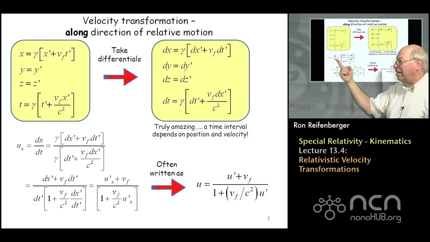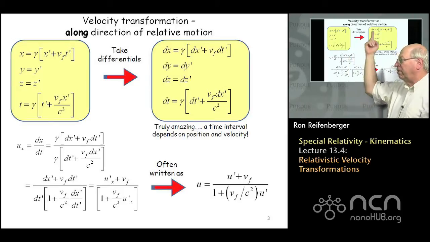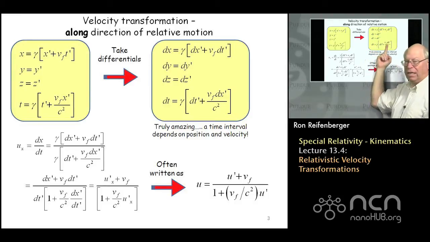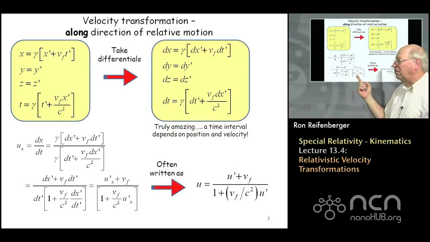We can relate that to the measurements performed by the observer in the primed frame, because we have expressions for dx and dt in terms of the primed coordinates. With a few lines of algebra, we end up with this velocity transformation.